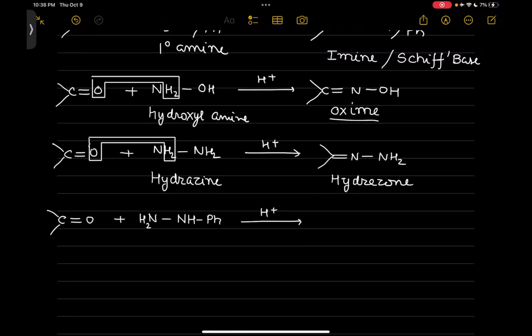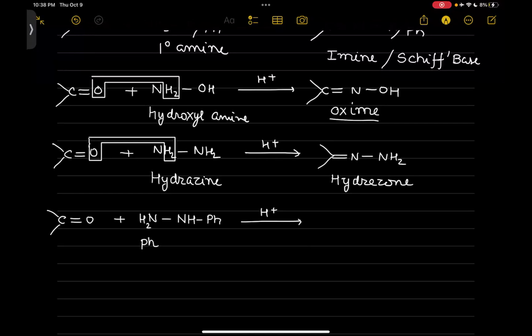What is the name of the reactant? Marwa and Jesslyn, tell me quickly. What is the name of the reactant and what is the name of the product? Phenylhydrazine, right?